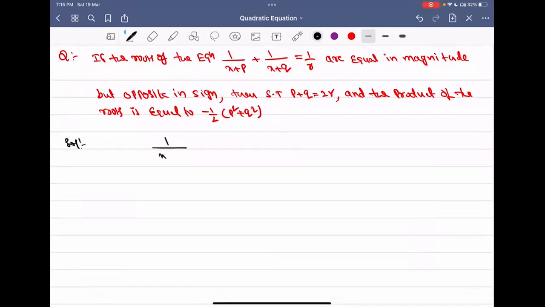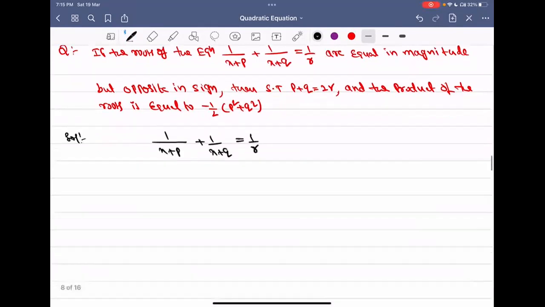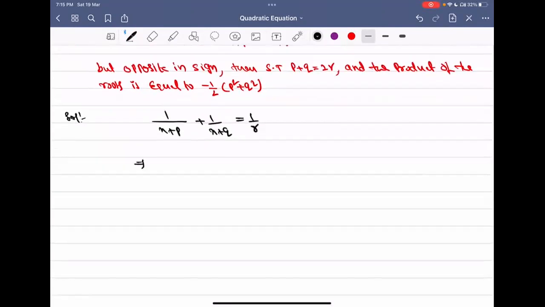1 by x plus p plus 1 by x plus q is equal to 1 by r. So this implies x plus p into x plus q in denominator. Here x plus q plus x plus p is equal to 1 by r.